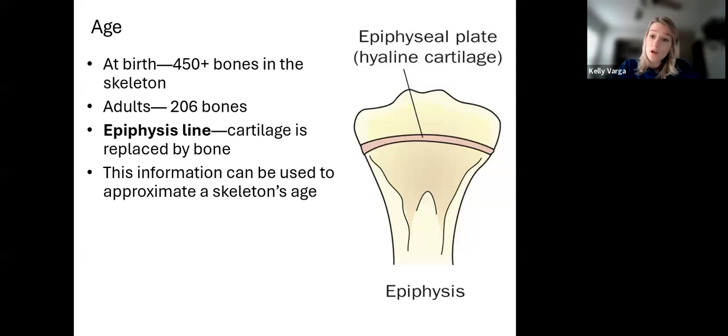So children's bones are very uniquely different because they have to grow, right? And so that is important. What we see is that inside of our bones, it can tell us the age of an individual. So if we obtain a bone and we are trying to identify age, we will look for what is called the epiphyseal plate.